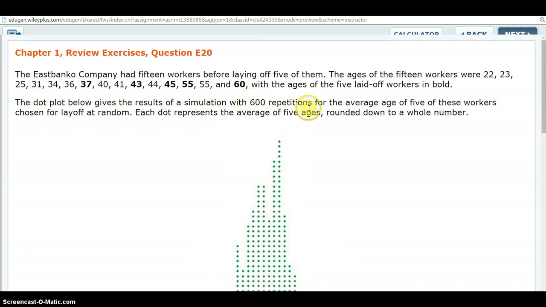So each of these 600 dots represents a single repetition where they chose 5 out of the 15, took an average, made a dot.